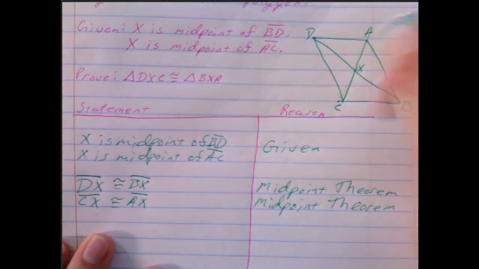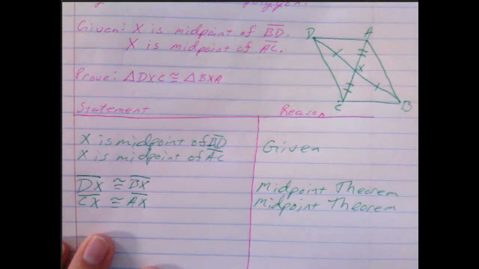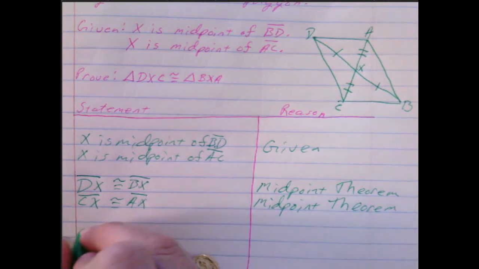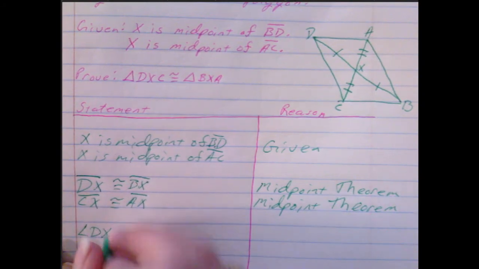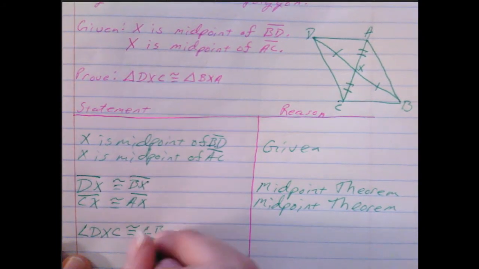Okay, I'm going to go ahead and mark those. This one with this one with this one. Okay. Next, I'm going to say angle DXC is congruent to angle BXA.